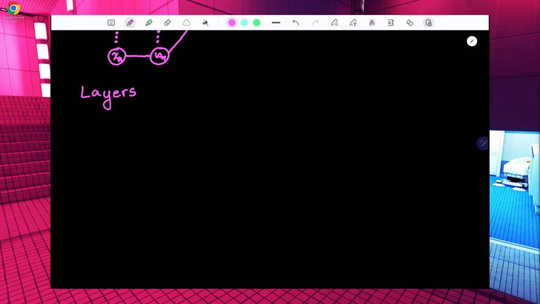Okay, so I get this. For this very reason, we don't generally count the input layer as part of the other layers. Okay.